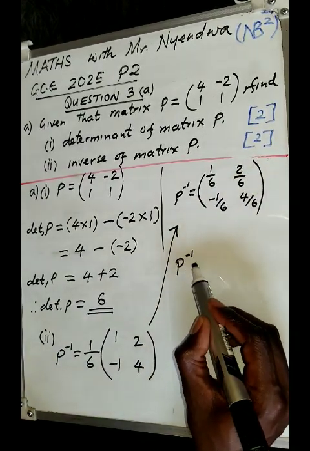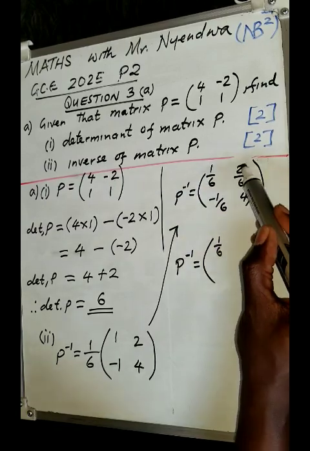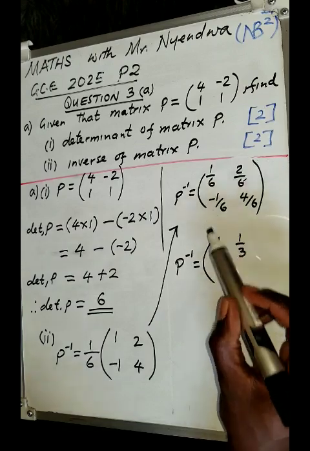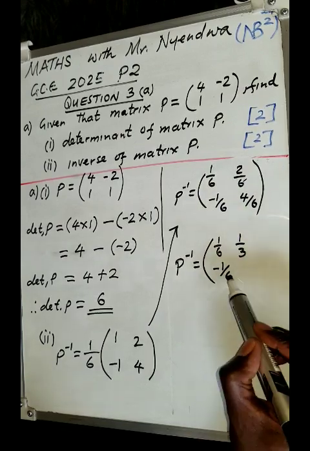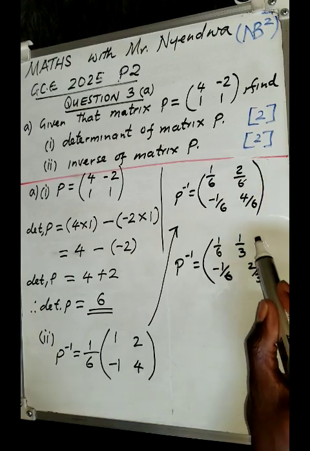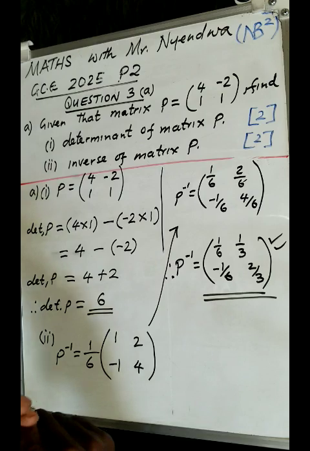I can reduce those terms. On top, it will still be 1 over 6. 2 over 6 reduces to 1 over 3. That will still be negative 1 over 6. And 4 over 6 reduces to 2 over 3. So this is what they wanted you to get. This is the inverse of the matrix.